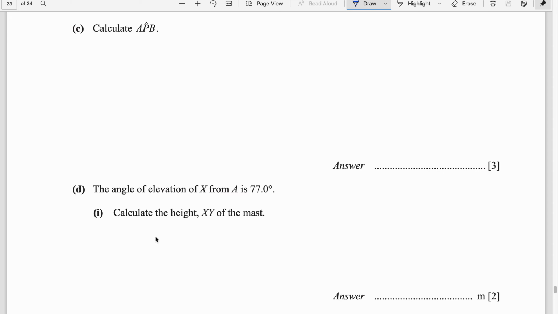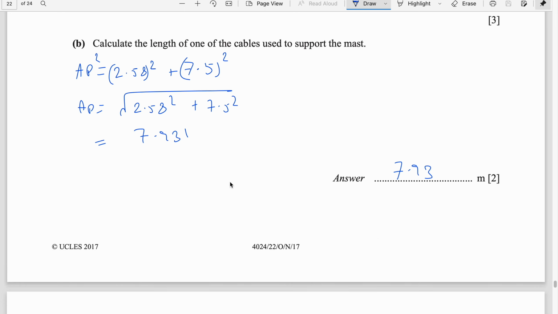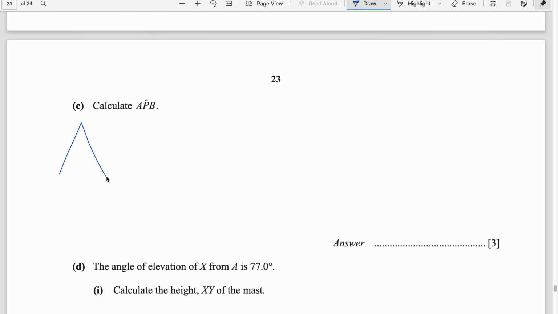Calculate angle APB. So this is A, this is P, this is B. I'm extracting this triangle APB. 3.65 is already known, 7.93 from the last part, and for this angle use the cos rule.